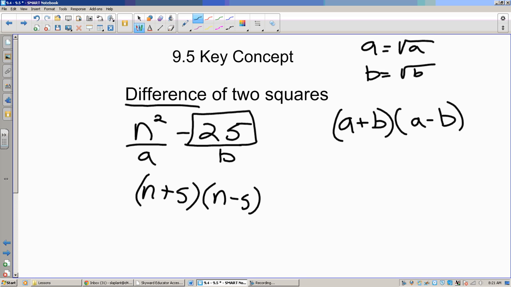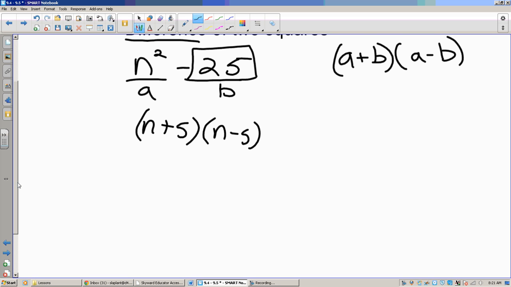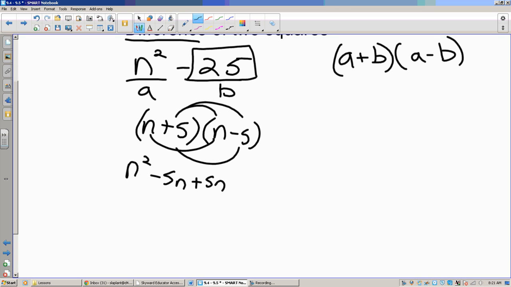Now let me show you why. If we do n times n, that's n squared. And then n times -5, that's -5n. 5 times positive n, that's positive 5n. 5 times -5 is -25.